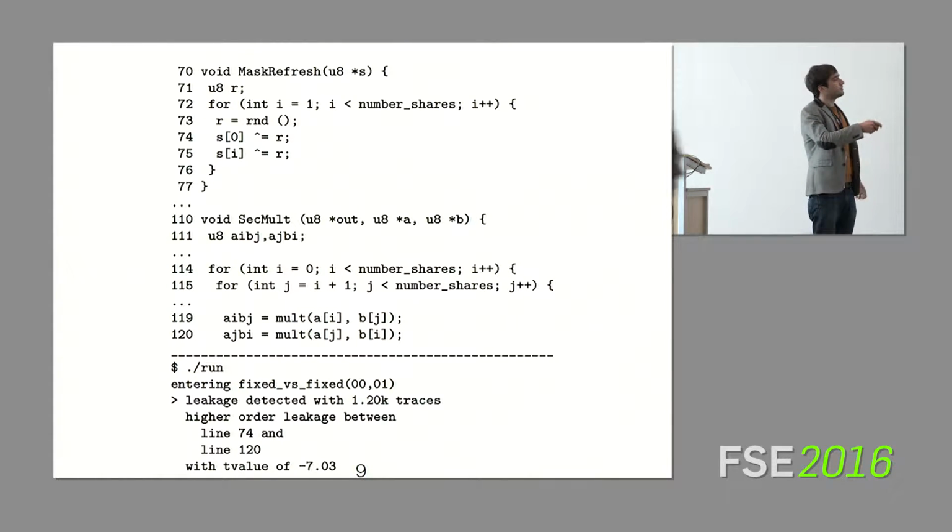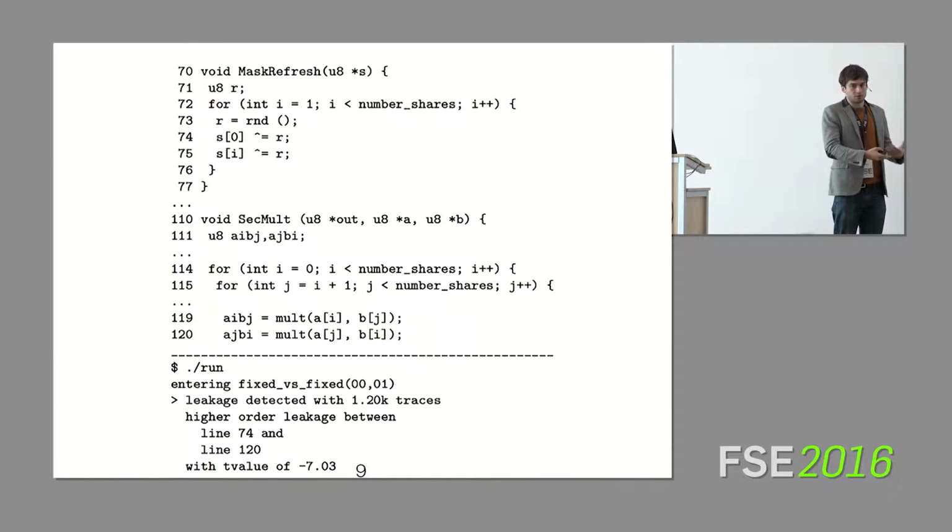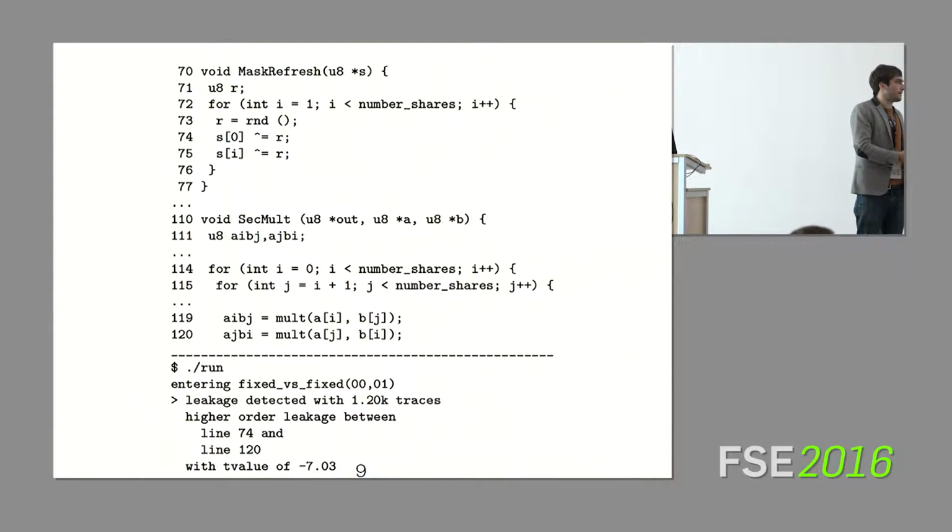And well, the input of the tool is standard C code that you could run. Now the tool instruments this code and figures out which variables are being handled, and then performs a leakage detection test on those variables. So if you compile everything, you can see that it begins simulating with traces, and as soon as there is some bias detected, it will tell you between which lines there is some high-order leakage.